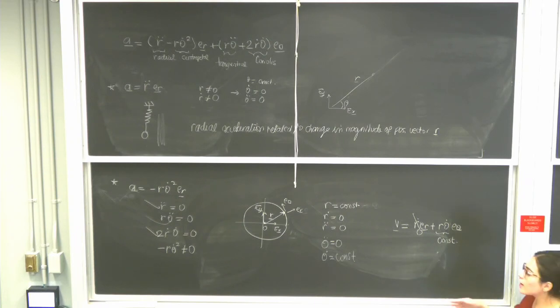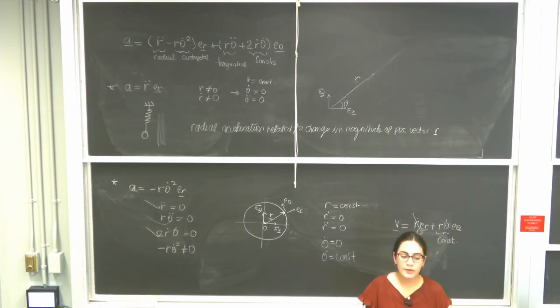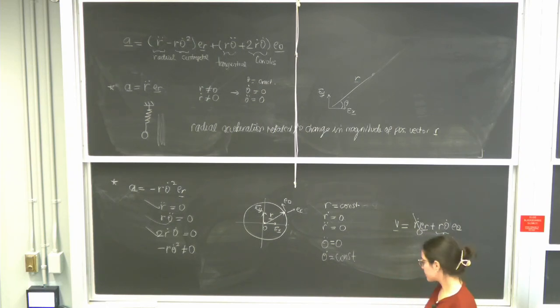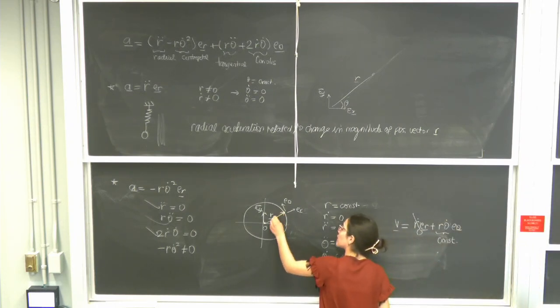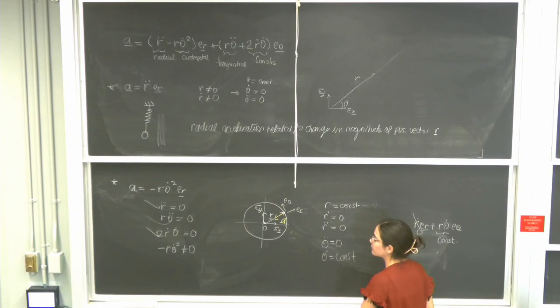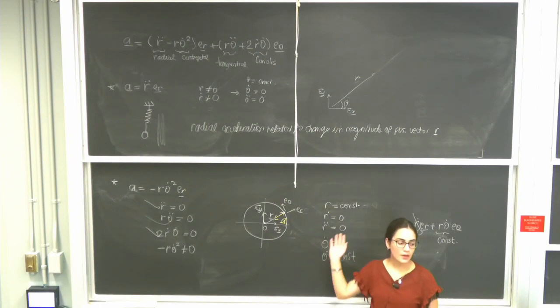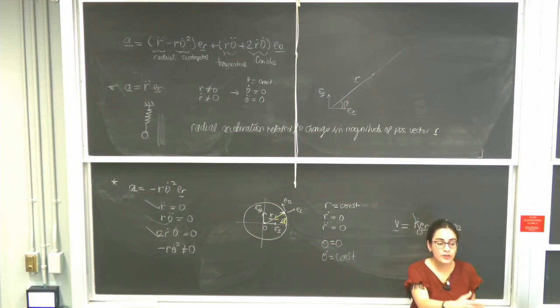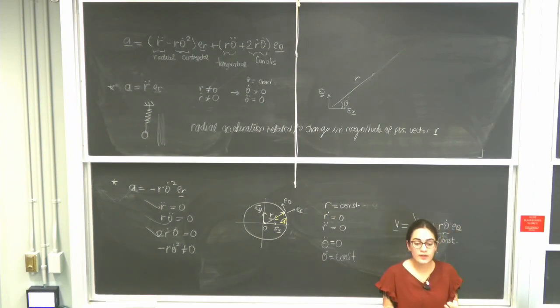So for a motion like that, the acceleration is purely centripetal. So in which direction does it point? Along minus er. So this is my acceleration. So I actually need a force to sustain this acceleration, which is going to be a force from the rail. Maybe if I have a particle moving on a circular rail, there's going to be a force that's going to sustain this motion. Think about it this way.